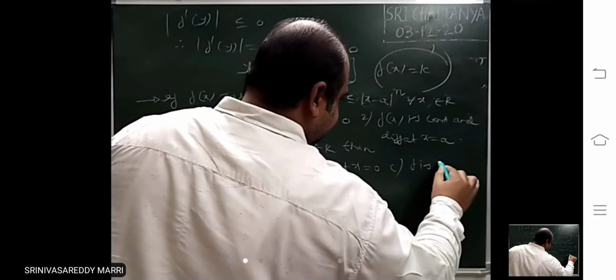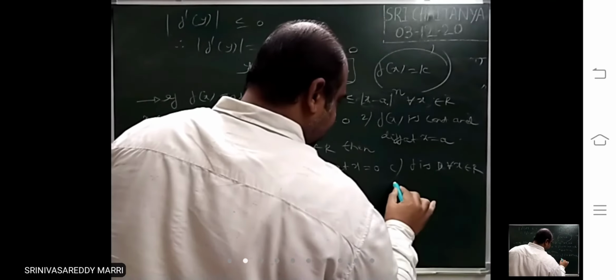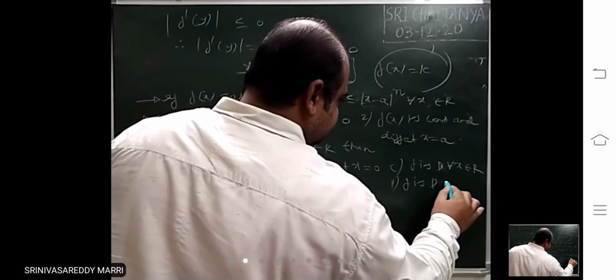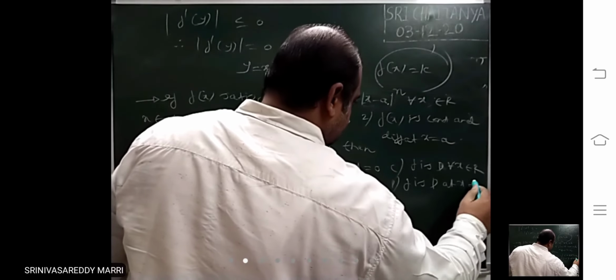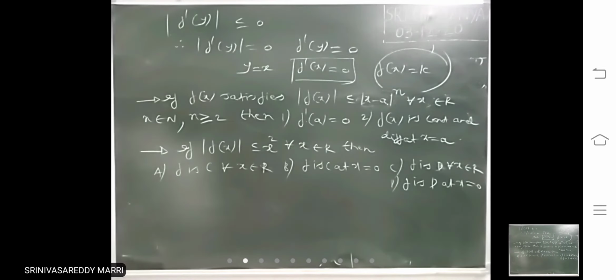C, f is differentiable for all x belongs to R. D, f is differentiable at x equal to 0. This is given like this.